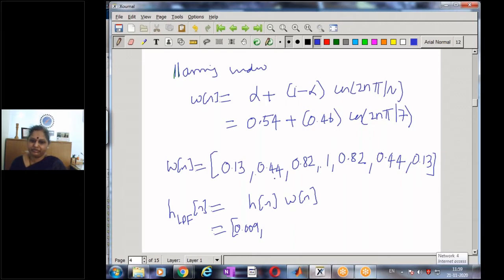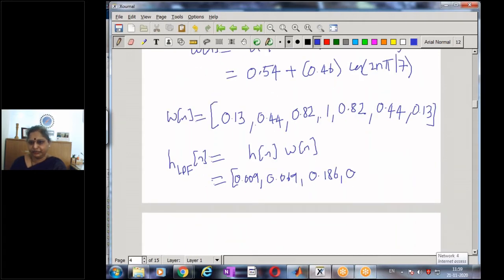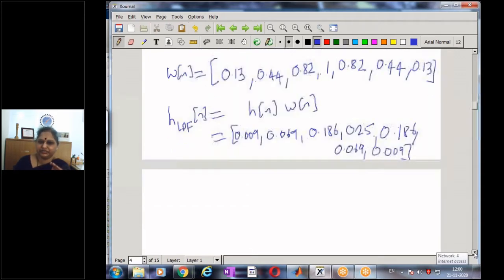Next, if I multiply 0.159 by 0.44, I get 0.069. And similarly, when I multiply 0.22 by 0.82, I get 0.186. Then I have 0.25 multiplied by 1, so that is 0.25. And then 0.186, 0.069, and 0.009. So this is my designed low pass filter.